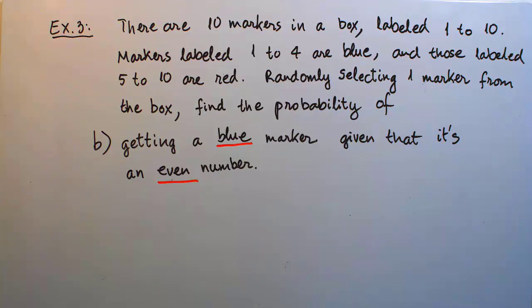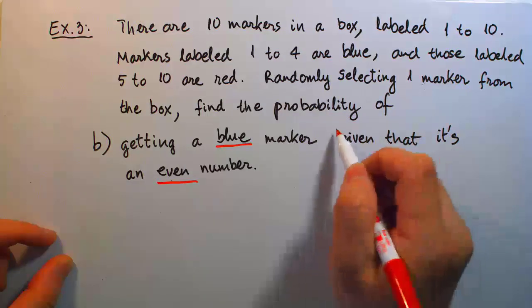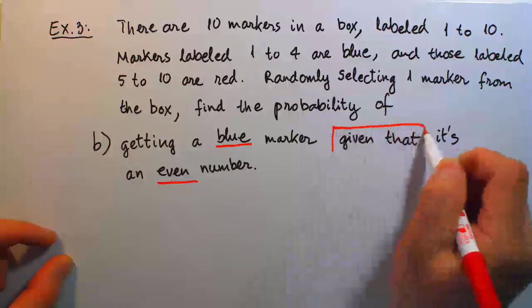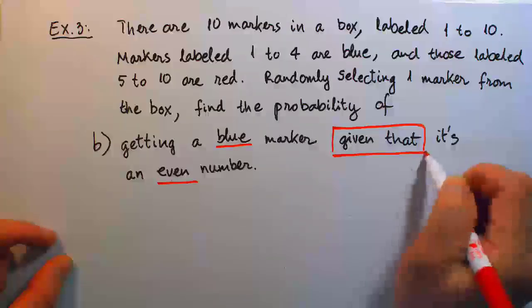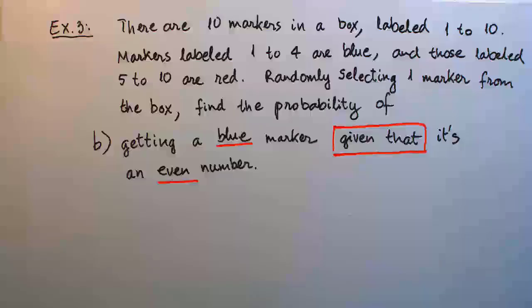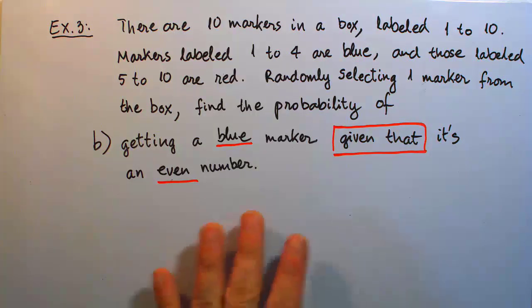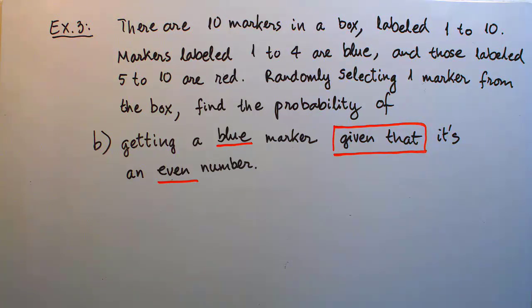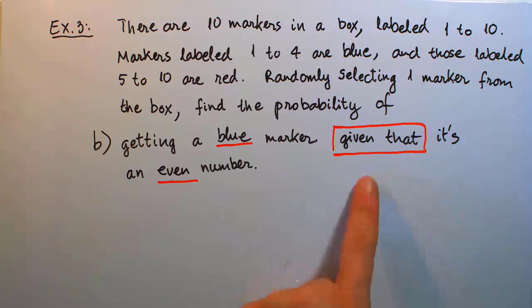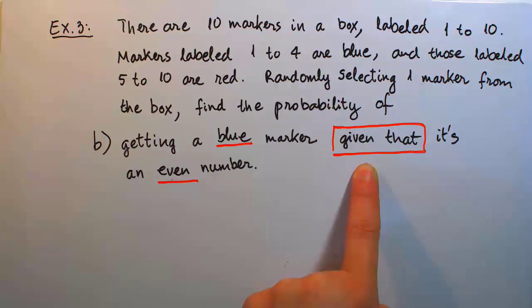Notice that we have a keyword here, given that. If this question were exactly the same as finding blue and even, then we wouldn't have to word it in such a lengthy way. There is a whole reason for why we put the words given that it's an even number here.